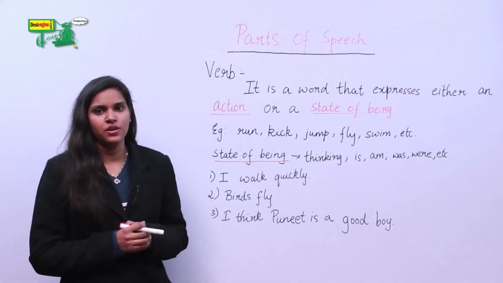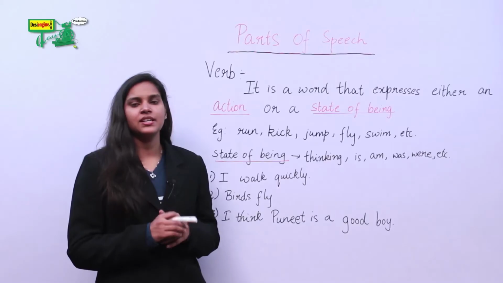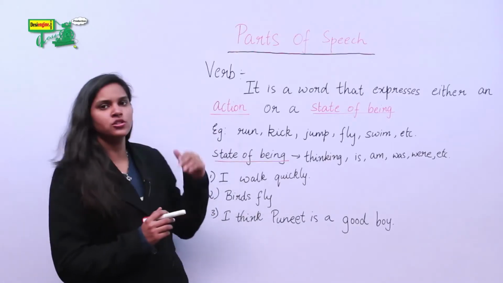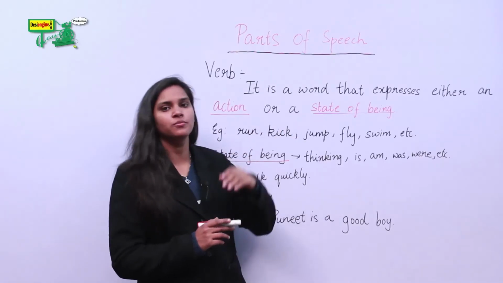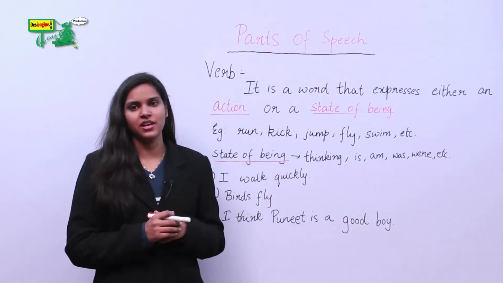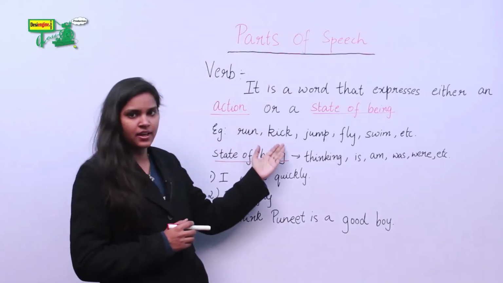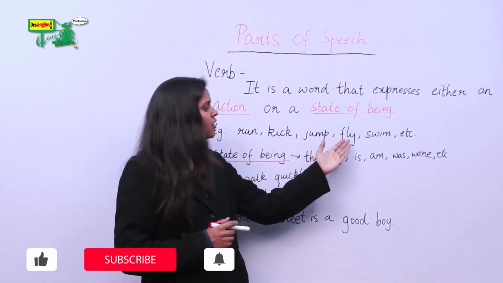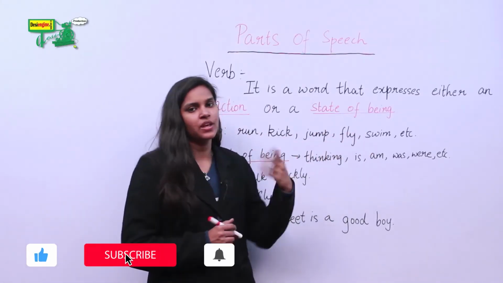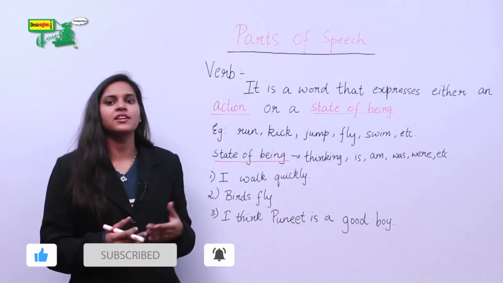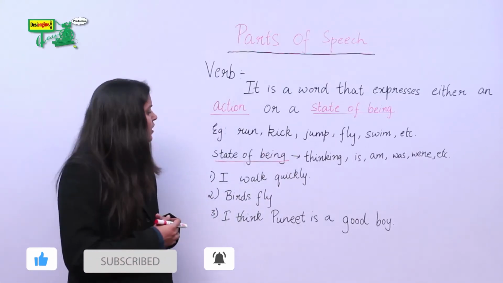So, let's do verbs now. What is a verb? A verb is any word that expresses action or a state of being. Let me give you few examples of action words. Run, kick, jump, fly, swim, etc. These are words that express actions.